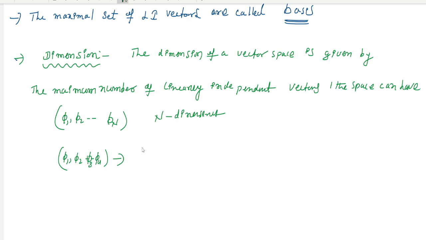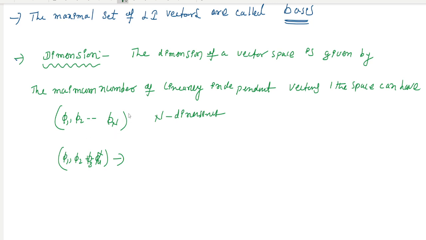Or sometimes we can call it by the name n-tuple, five-tuple, six-tuple. Okay, not going to discuss that here. So this is four-dimensional. In case it consists of only three, then we call it three-dimensional.